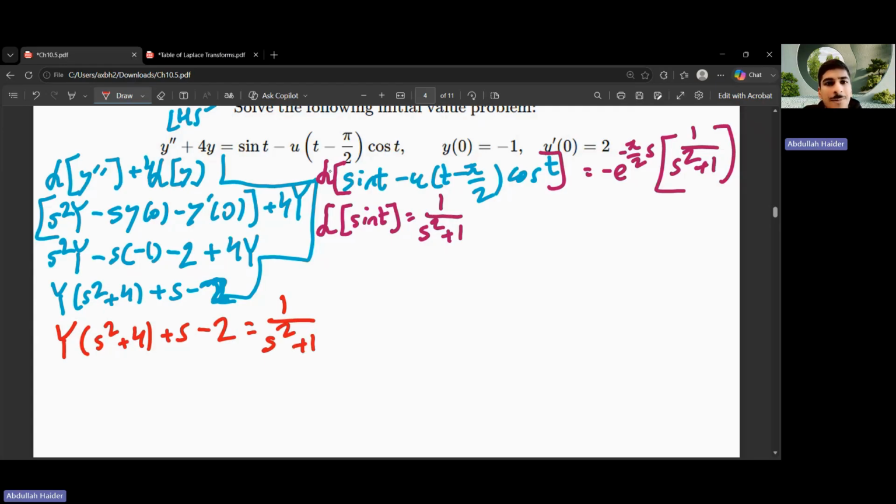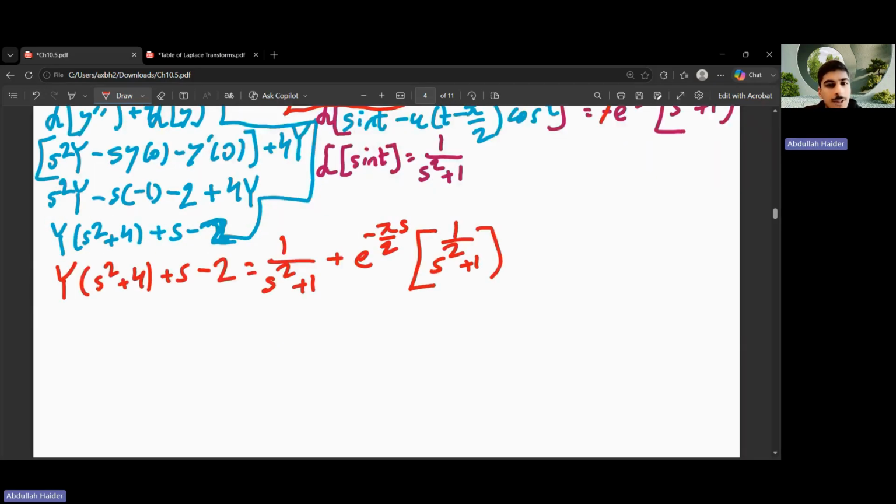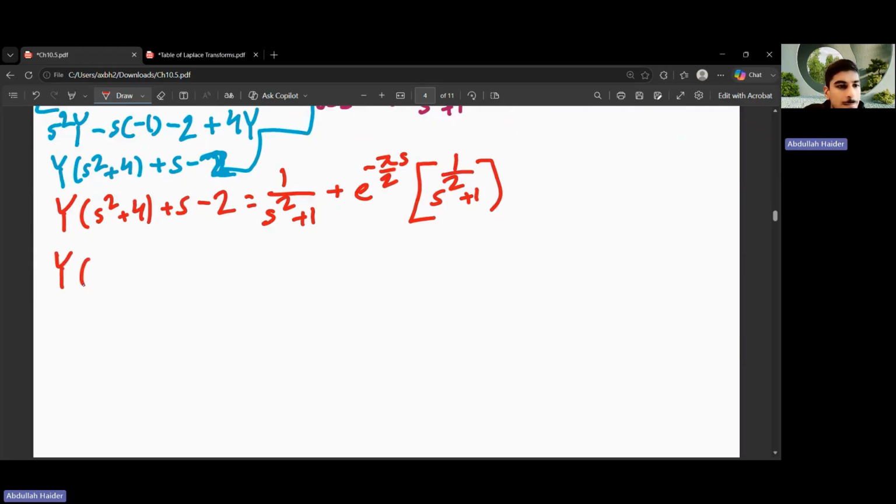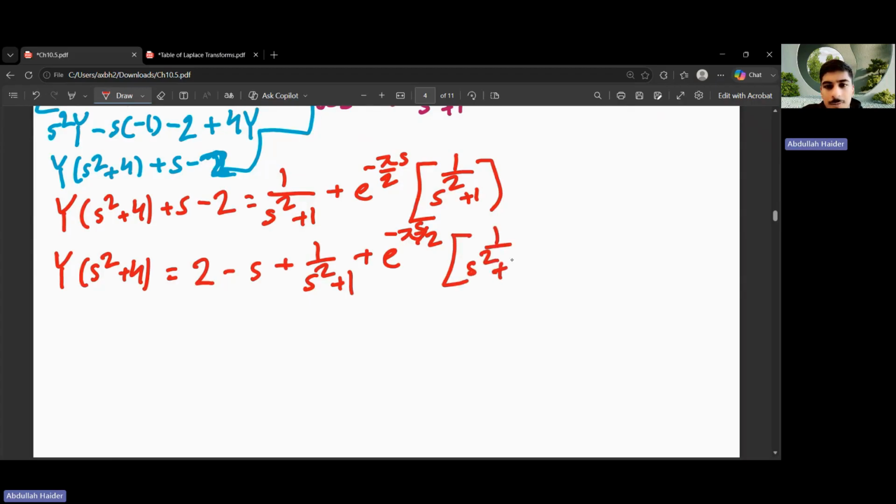Now remember the Laplace for this was minus, so minus should be a plus: e power minus pi over 2s times 1 over s squared plus 1. And you know what to do now. Y times s squared plus 4 is equal to 2 minus s, you're taking this to the right side, plus 1 over s squared plus 1 plus e power minus pi over 2s times 1 over s squared plus 1.